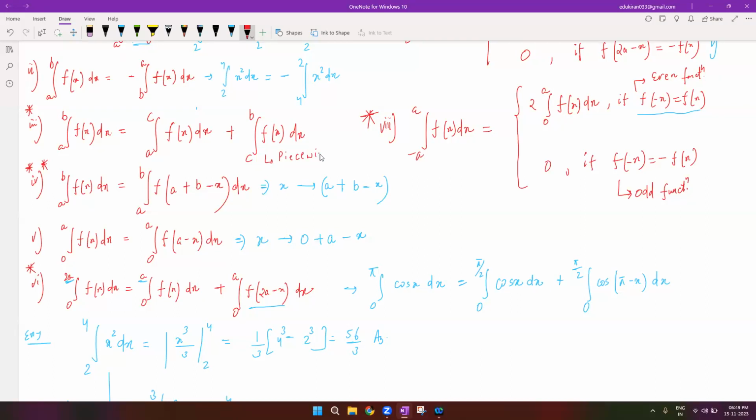Your eighth property is only valid when the limits are minus a to a. So only two properties are left, fourth and sixth.